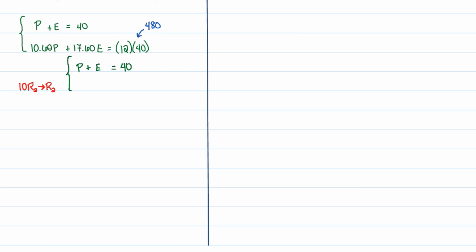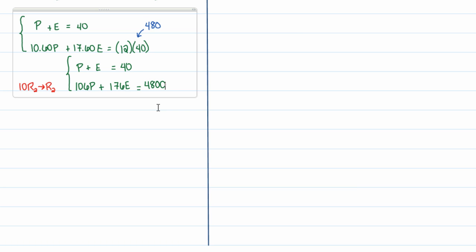So I'm just multiplying row 2 by 10, and I leave row 1 alone. 10 times this 1060p becomes 106p, plus 10 times 1760e is just 176e, is equal to, and remember the right-hand side is 480, 10 times that is 4,800. Always have to multiply the right-hand side by 10 as well.